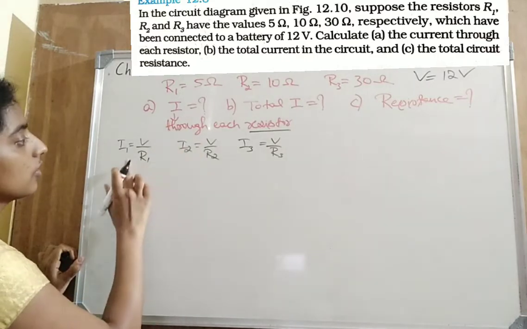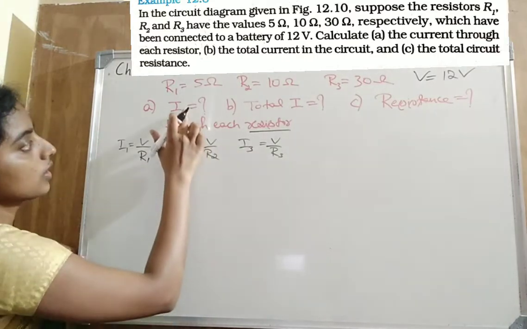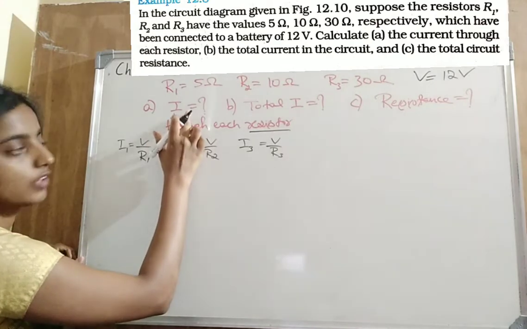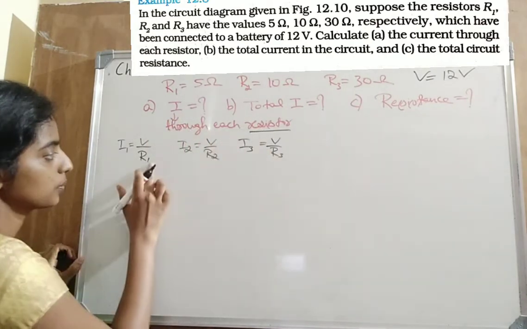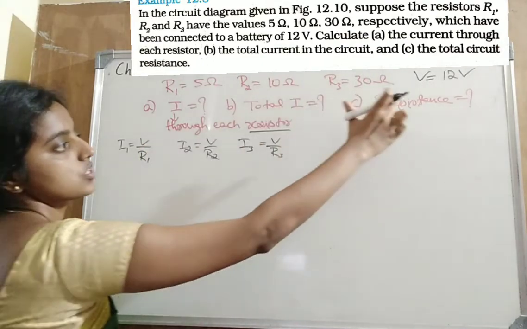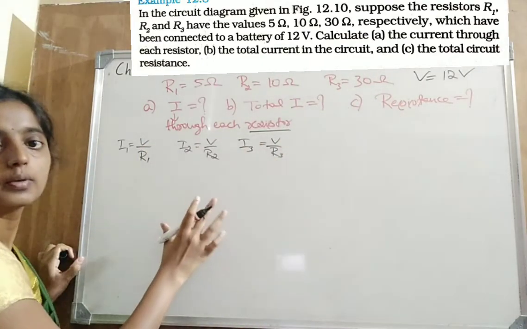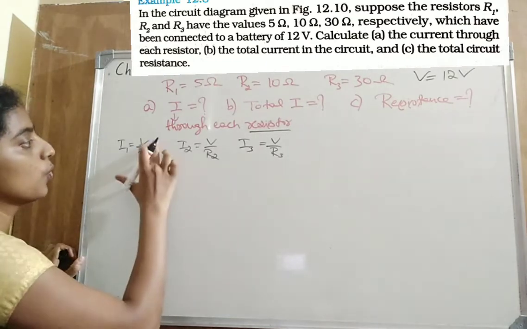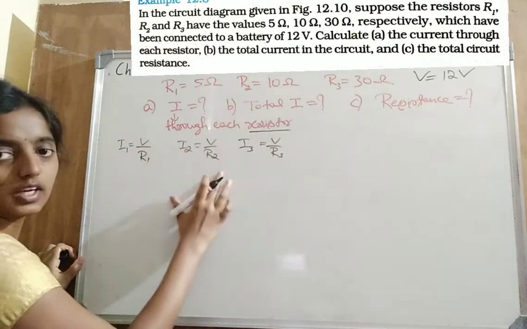Now why do I use this formula? Because they asked us to find the current through each resistor. That means through each of R1, R2, R3.